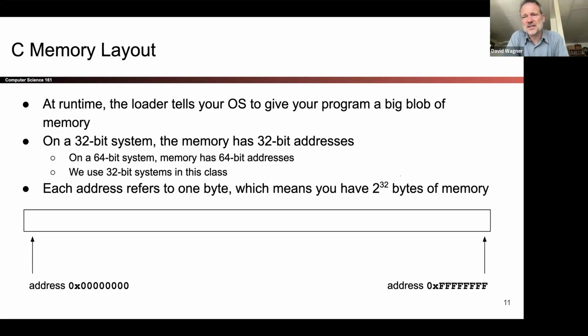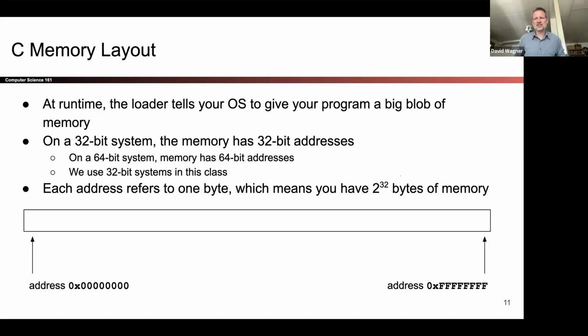All right. So the way the loader works is your program receives a big chunk of memory. And I'm going to focus for simplicity on 32-bit machines, which are a little bit outdated. Today, most people's desktops use 64-bit machines, but it's just a little bit simpler to work with 32-bit machines. So on a 32-bit machine, every memory location has an address. Memory stores a whole bunch of bytes.